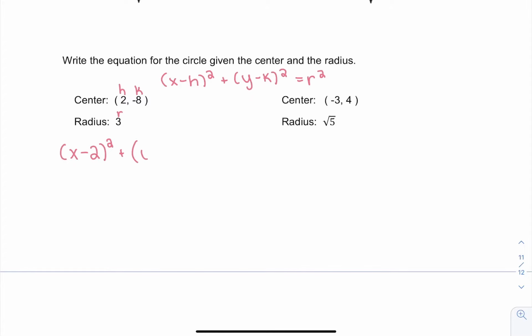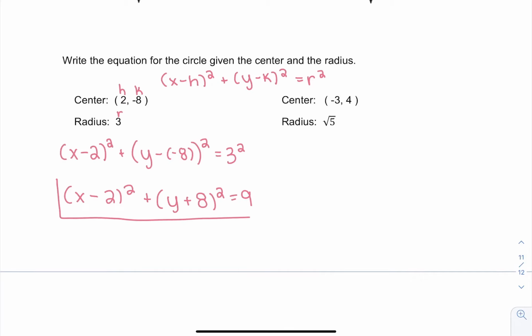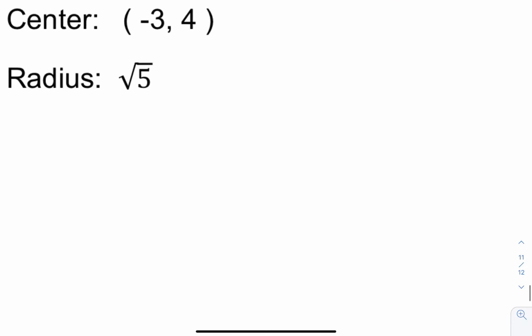Plus y minus, now it's going to be y minus negative 8 squared equals 3 squared. So that becomes x minus 2 squared plus, now this minus minus becomes y plus 8 squared equals 9. There's our equation. Let's try one more, which has a tricky part to it.